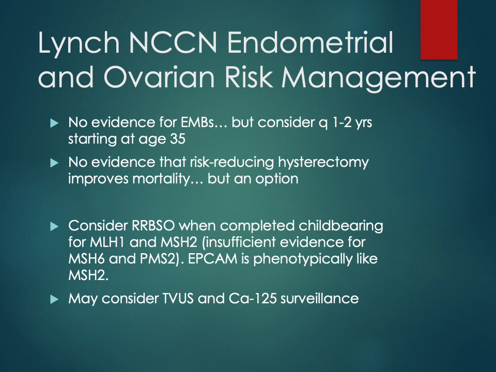For the ovary side of things, we consider risk-reducing BSO when patients have completed their childbearing for MLH1 and MSH2 mutations. For the other mutations, there's insufficient evidence. And then you could consider transvaginal ultrasound and CA-125 for women who still want to maintain their fertility, but again, kind of limited evidence on these things.